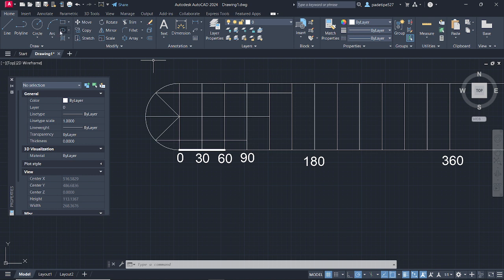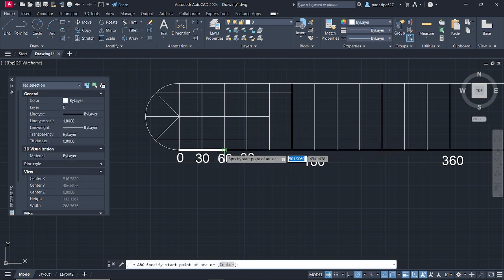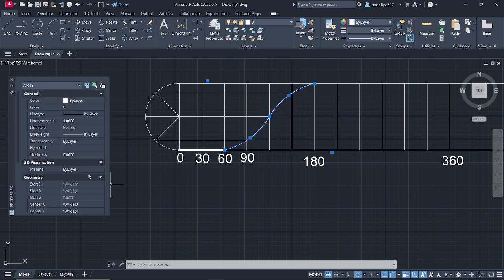You can decide to just use this arc. Alright, 3 points. So from here to here to here. And we'll continue again from here to here to here. So we have this arc and this arc, and we increase their line weight to 0.6. Good.